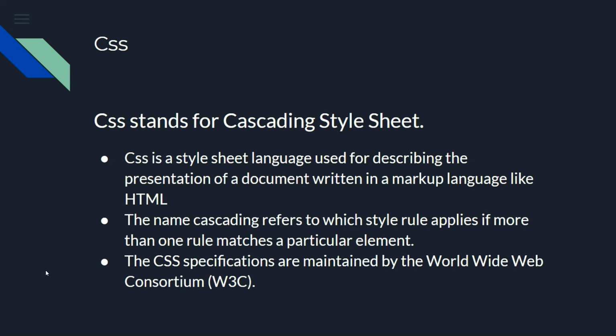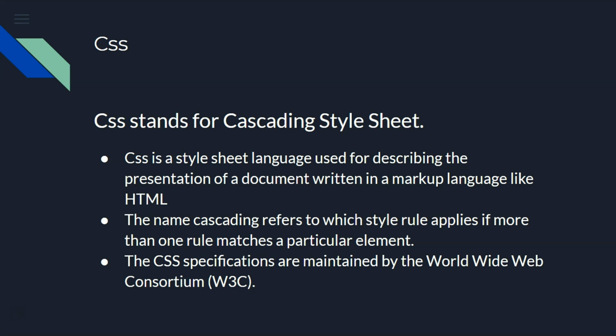Now the cascading refers to which style rule applies if more than one rule matches a particular element. So for example, if at the top of your CSS file, you make a rule that your H1 tag or heading is going to be red, then if later on down the page you make another rule that H1 is going to be green, then those are conflicting.